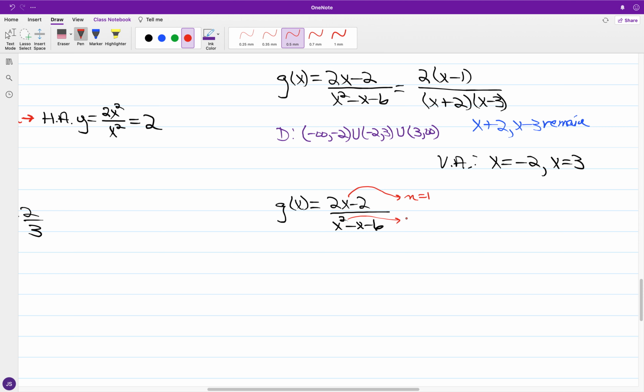In the denominator we have m is equal to 2. So we have that n is less than m. So you have a horizontal asymptote at y is equal to 0.